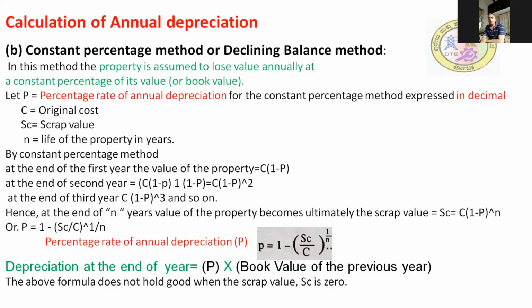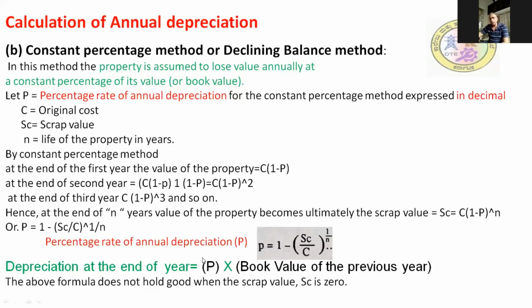In this method, the depreciation at the end of each year is calculated using the formula: P, the percentage rate of annual depreciation, multiplied by the book value of the previous year. That is the depreciation of that property in that particular year.